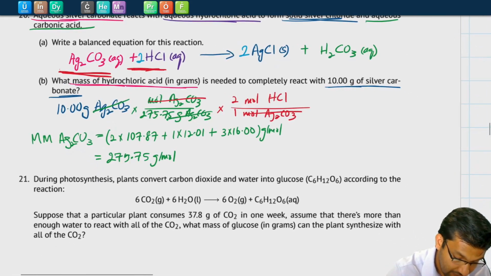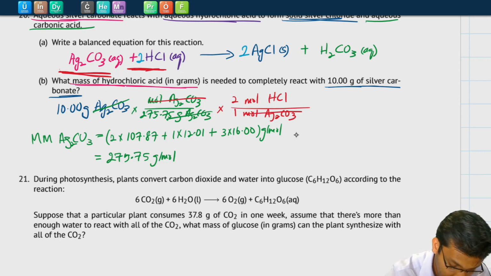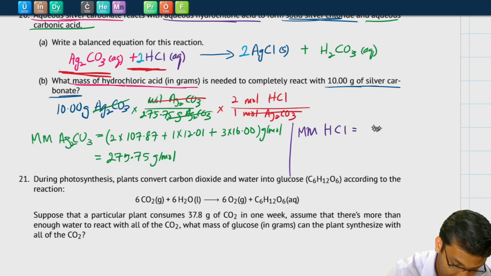All right, now that we have moles of hydrochloric acid, they're asking us for mass of hydrochloric acid in grams. We can figure that out by converting from moles to mass using the molar mass. So the molar mass of HCl would be the molar mass of hydrogen plus the molar mass of chlorine.